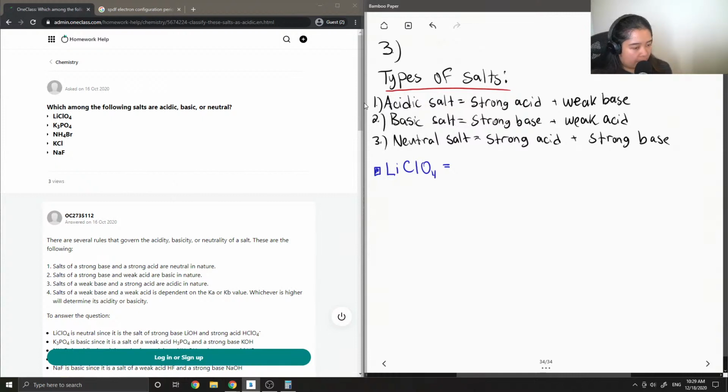So this was made from lithium hydroxide, which is a strong base. And I believe this is hypochlorous acid, which is strong. So therefore, this salt is neutral.